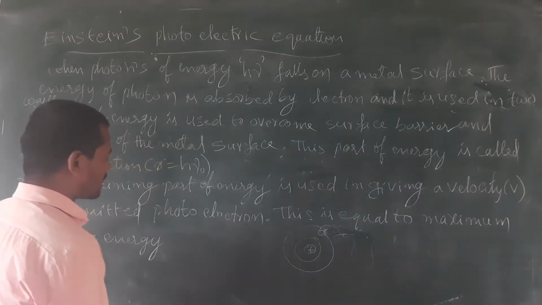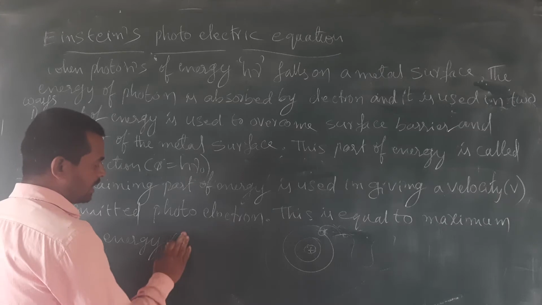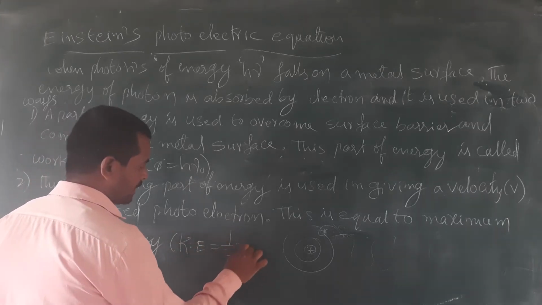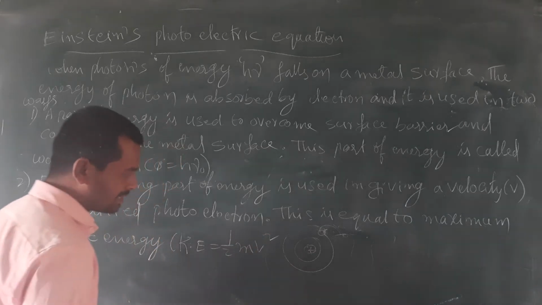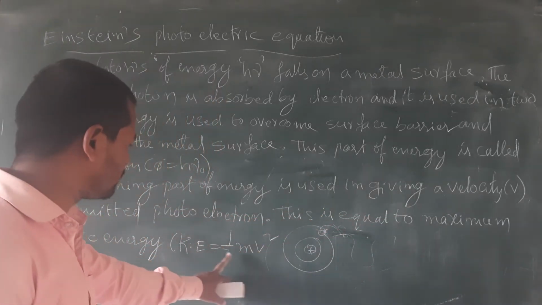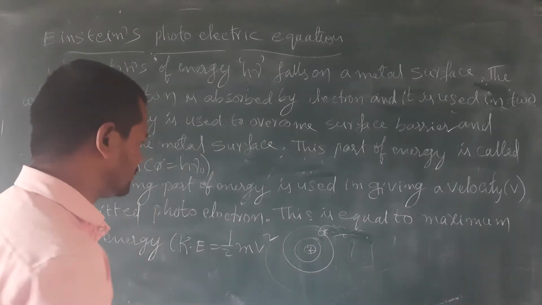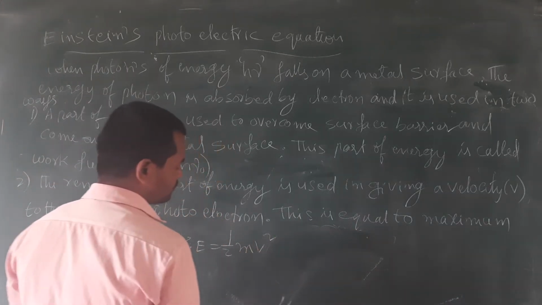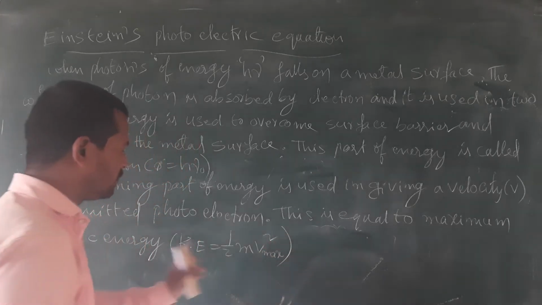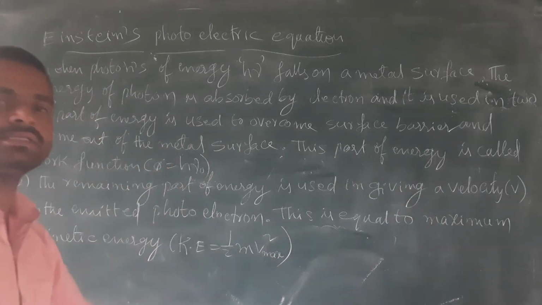Why? Because the kinetic energy formula KE is half m v square. But what I am saying is maximum kinetic energy. It depends on velocity, so it is v max. When velocity is maximum, then energy is also maximum.